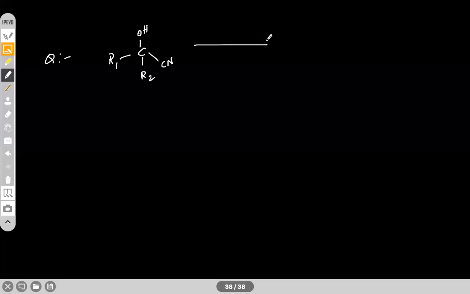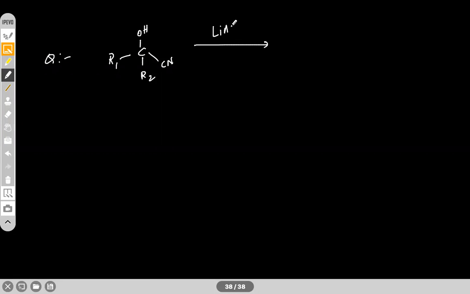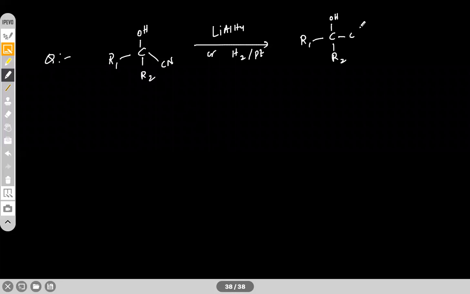If this is reduced with LiAlH4, or you take H2/Pt for the reduction reaction, both give you 1 degree amine as the reduced product, R2 CH2 NH2.